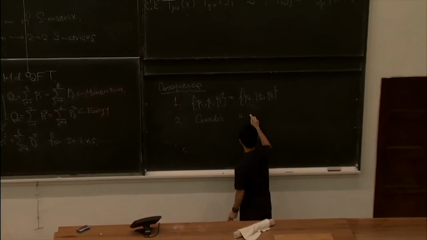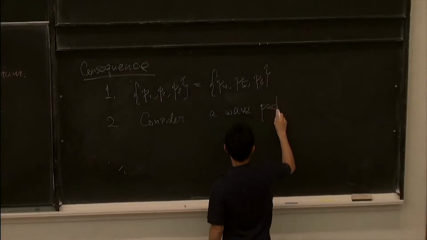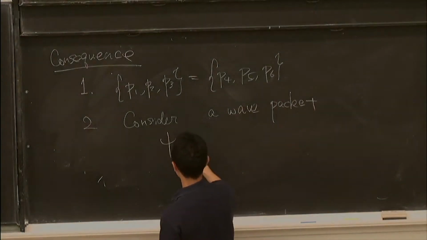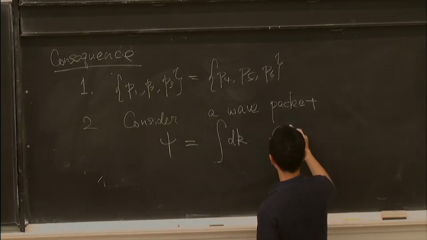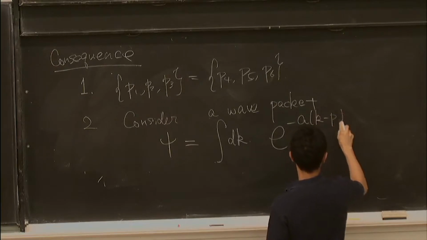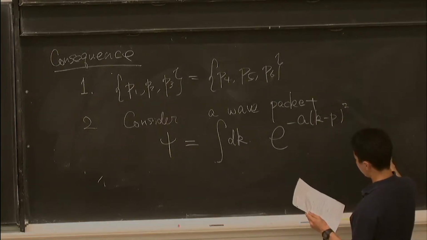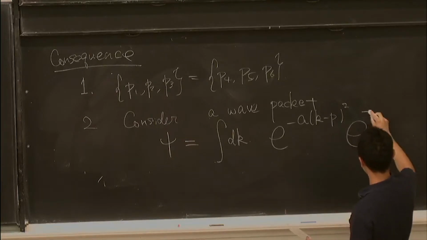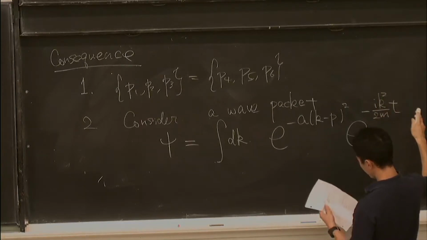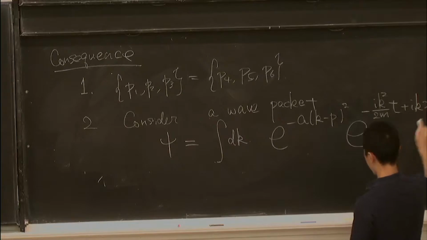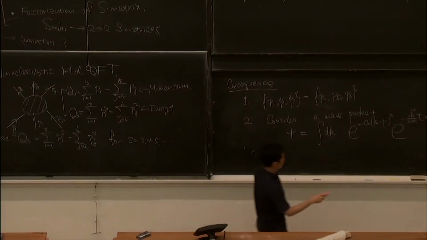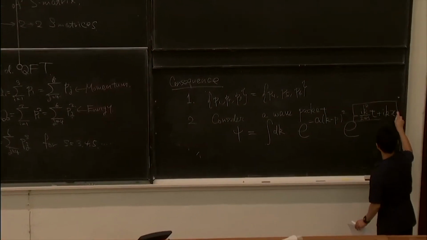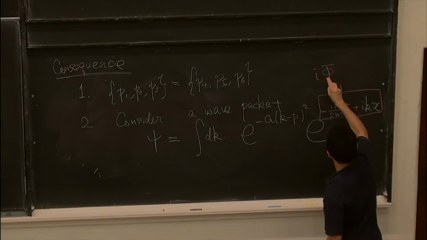Essentially, the wave packet is given by some Gaussian integral over the momentum, peaked around some momentum P. The rest is just a plane wave, which I write explicitly as e^{ikx}, and I denote this phase factor by e^{iφ}.